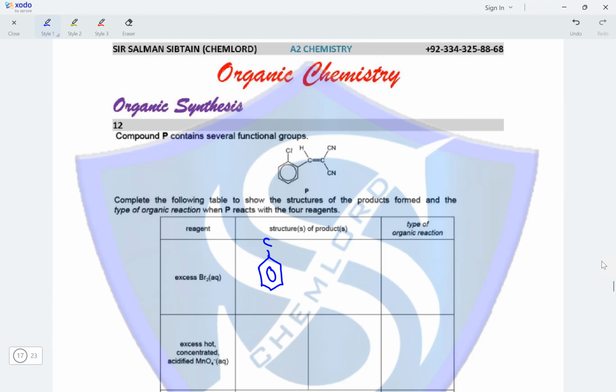So this part of the molecule remains as it is: CH, CN, CN, and we have addition of Br on both these carbon atoms. And the type of organic reaction taking place is called electrophilic addition.